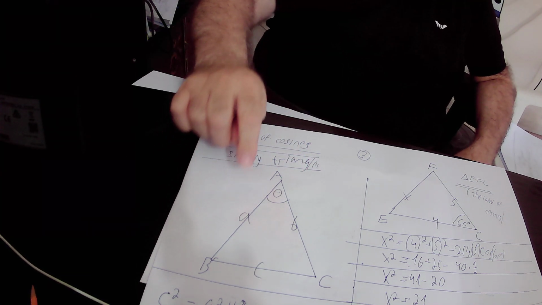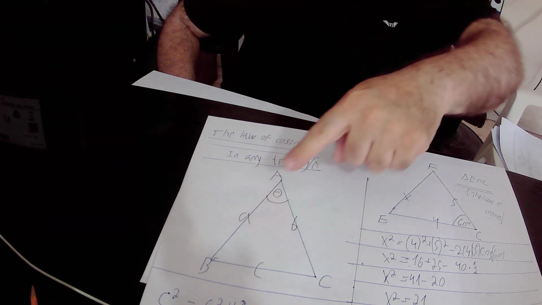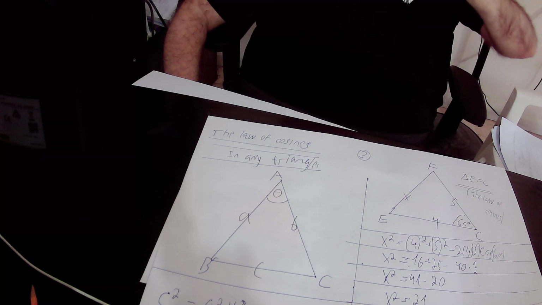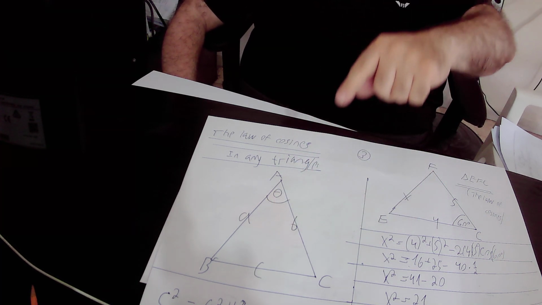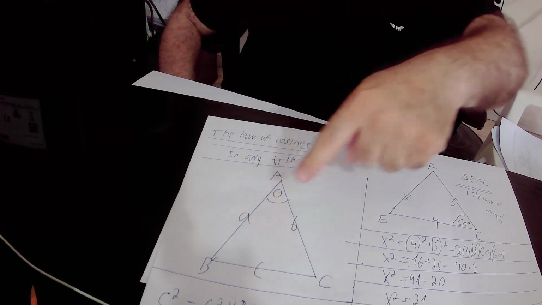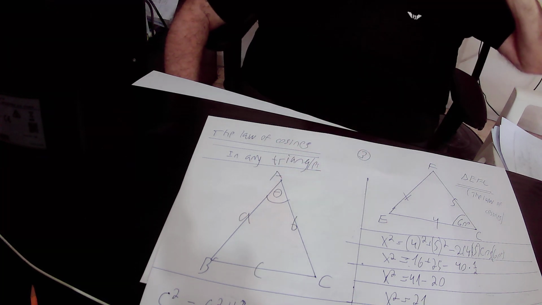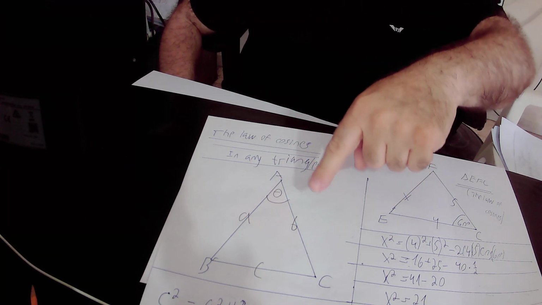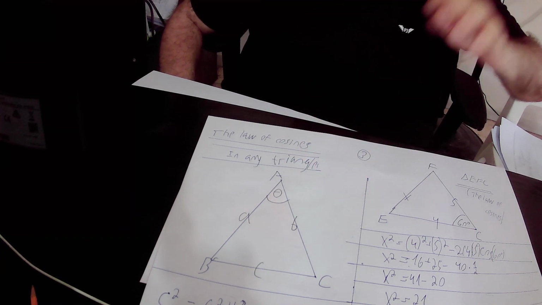Side AB equals A units, side AC equals B units, the angle between side AB and side AC is theta, and side BC equals C units. Then according to the law of cosines, the following equation is true: C squared equals A squared plus B squared minus 2 times A times B times cosine theta. Again, C squared equals A squared plus B squared minus 2 times A times B times cosine theta.